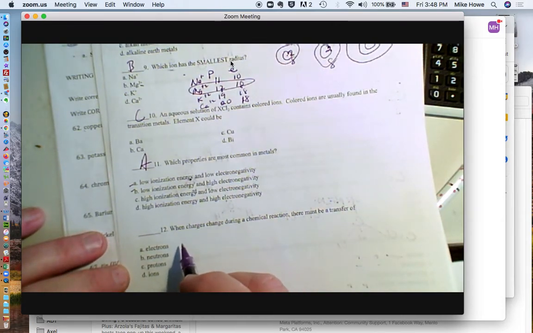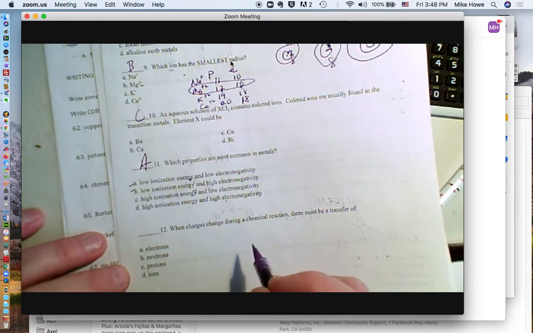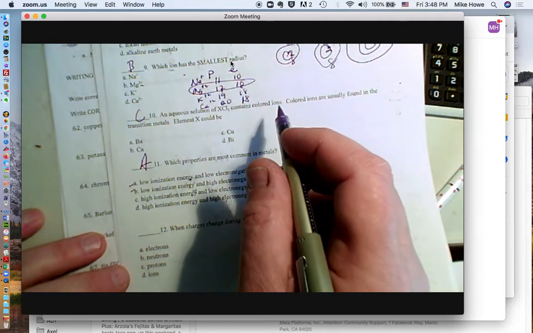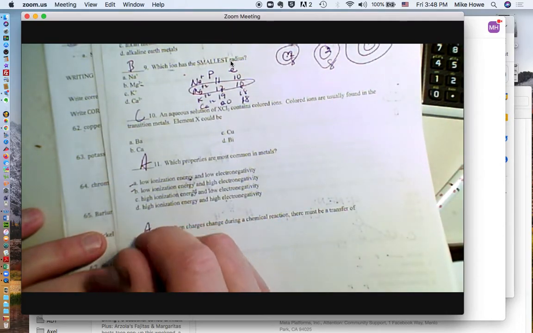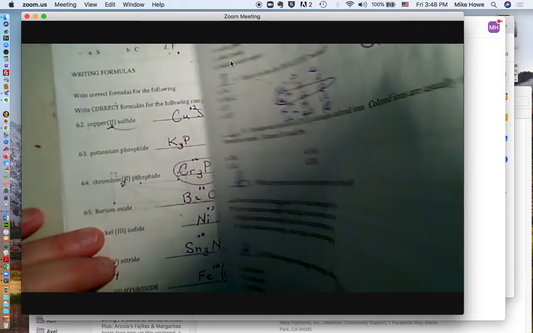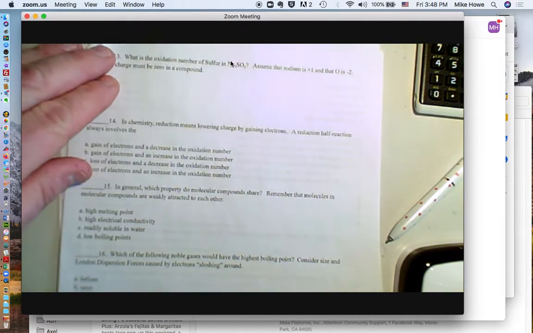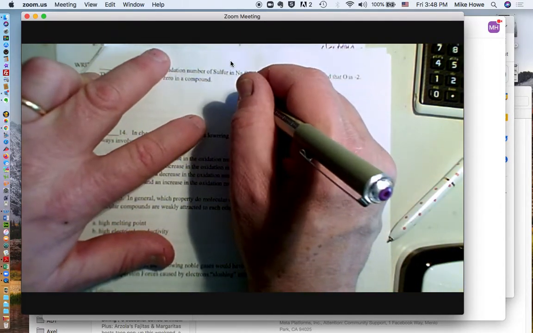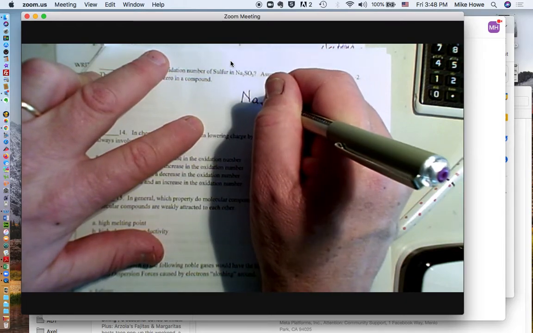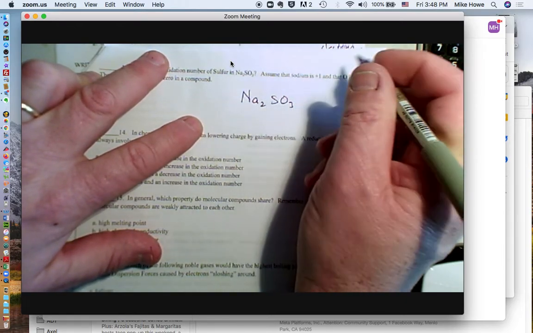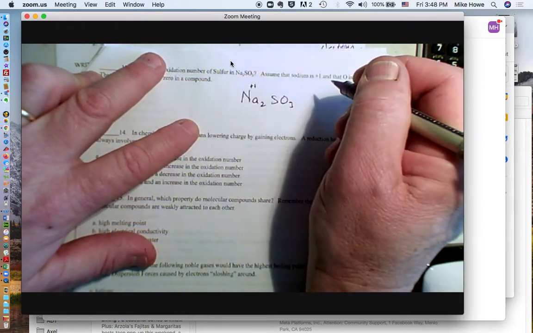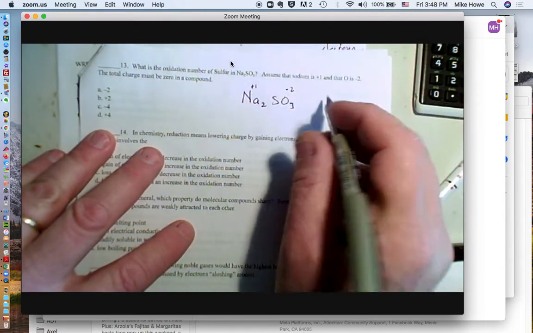When charges change during a chemical reaction, the particle that changes to make ions is the electrons, so that's A. For this compound, Na2SO3, we said sodium is plus 1, oxygen's minus 2, and the whole thing has to equal 0.